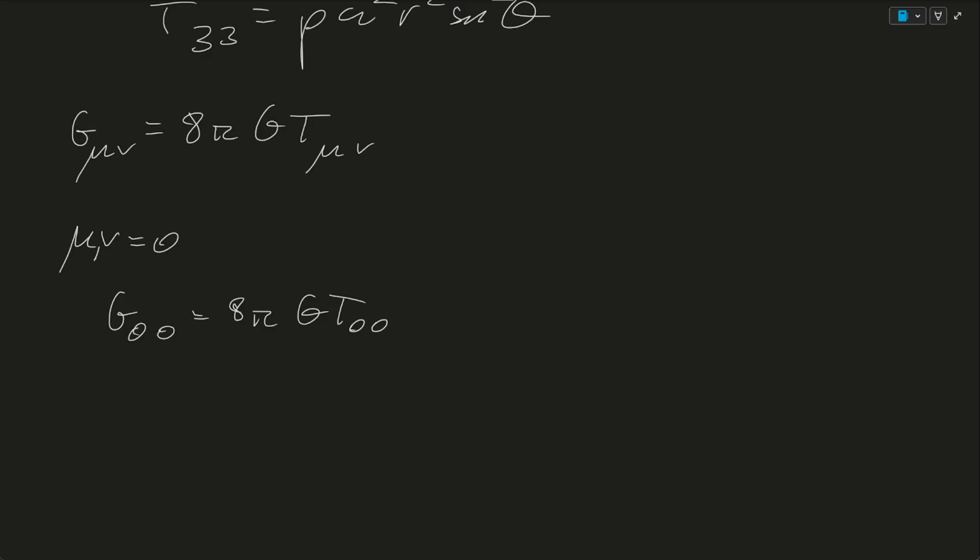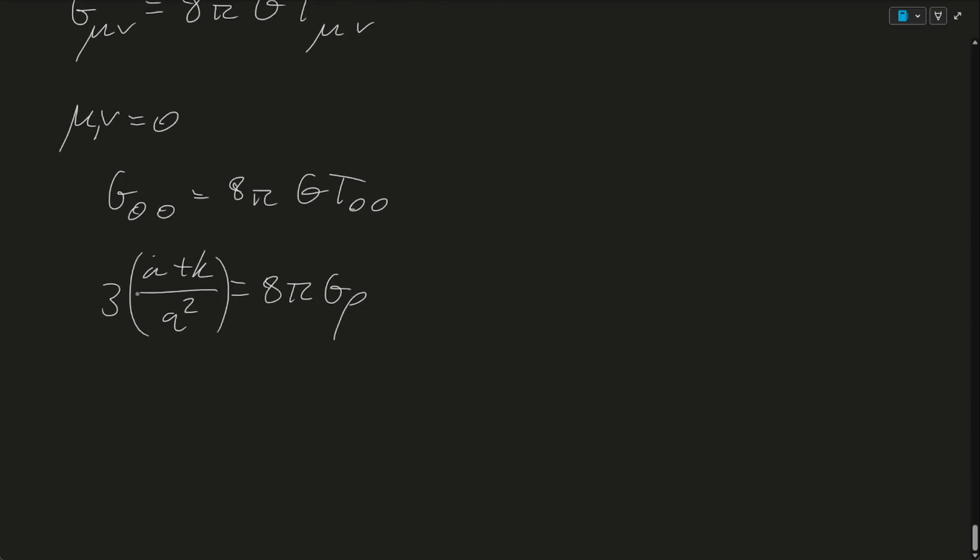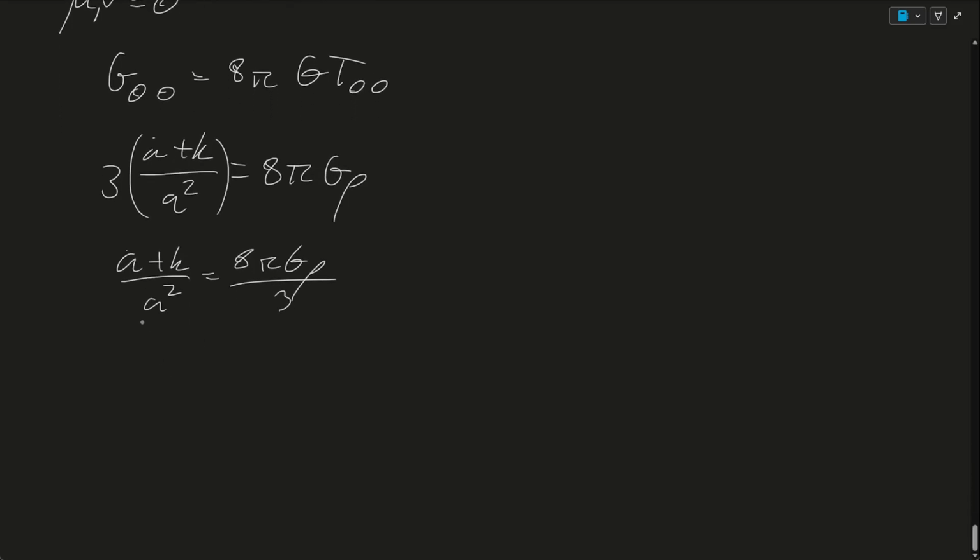So subbing that in, 3 times a dot squared plus k over a squared is equal to 8 pi G rho. We can divide by 3, and I'd like to expand this, so it's a dot squared over a squared plus k over a squared. That's equal to 8 pi G rho over 3.